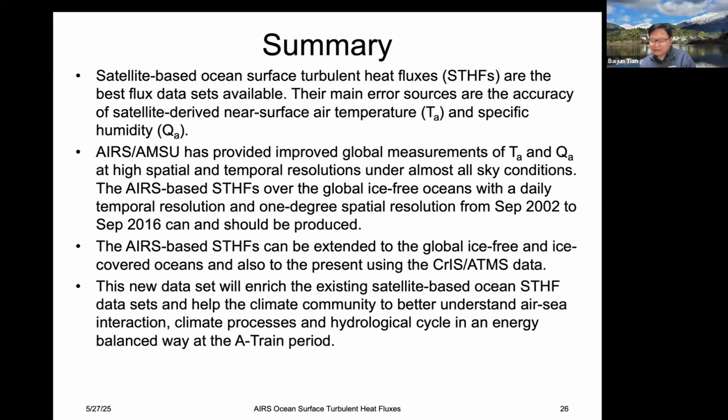I think there is a sea ice concentration dataset that can identify whether it is ice-free or ice-covered. And the bulk formula has to be modified a little bit in the ice-covered regions to include ice cover features. So it's similar, but with a little bit of modification.